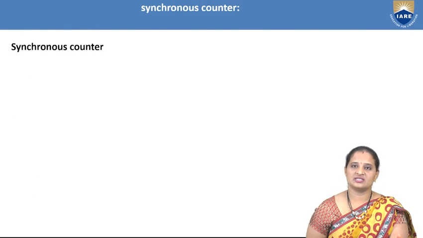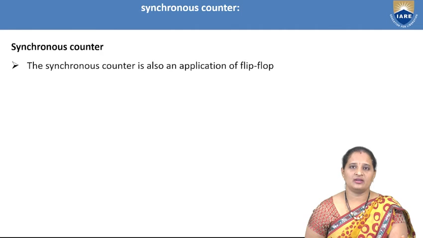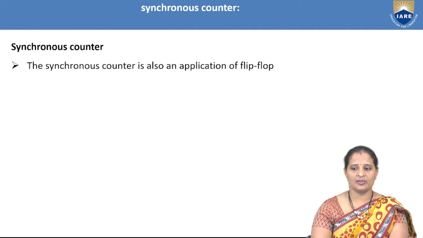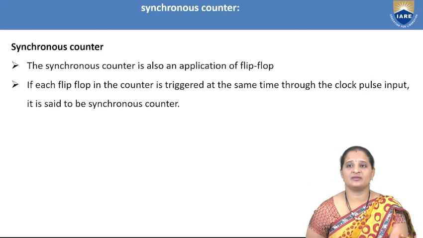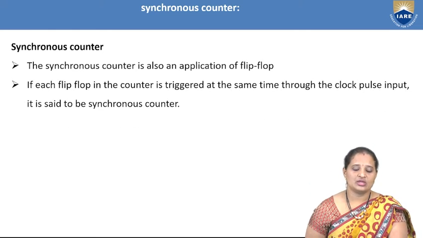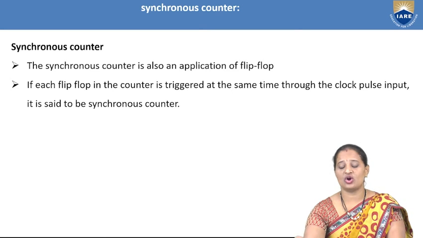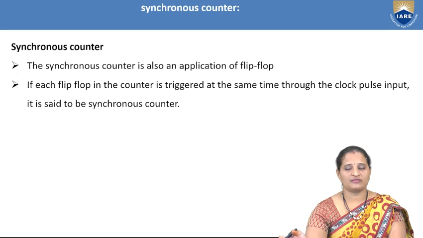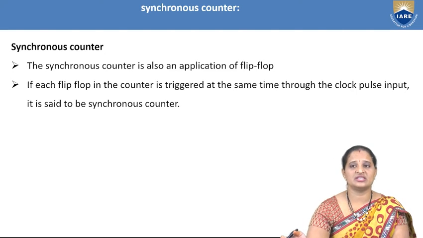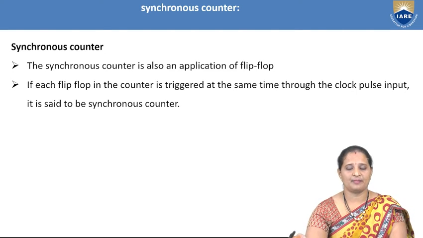Now let us see the synchronous counter. As I told you, there is not much difference between the asynchronous and synchronous counter. The only difference here is that all the flip-flops are applied with the same clock pulse. So the synchronous counter is also an application of flip-flops in which each flip-flop of the counter is triggered with the same clock pulse applied.